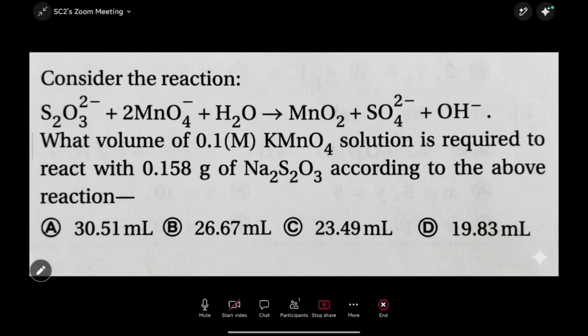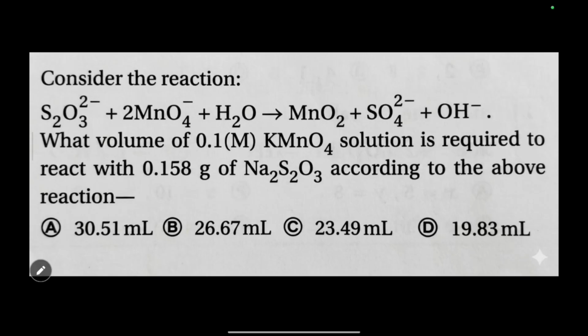Okay, so this sum is about the reaction given: S2O3 2 minus, thiosulfate, with permanganate ion in aqueous medium producing manganese dioxide, MnO2, plus sulfate and hydroxide.